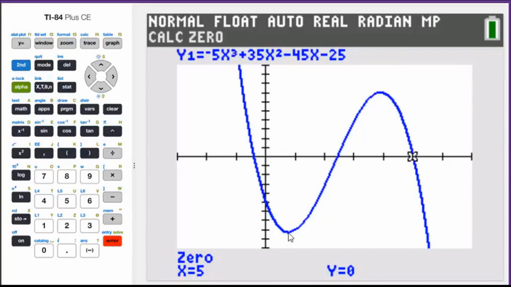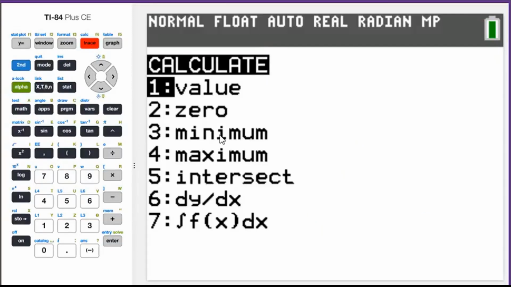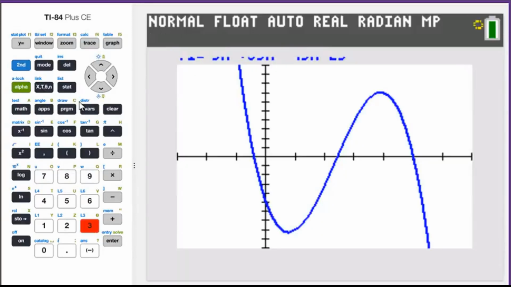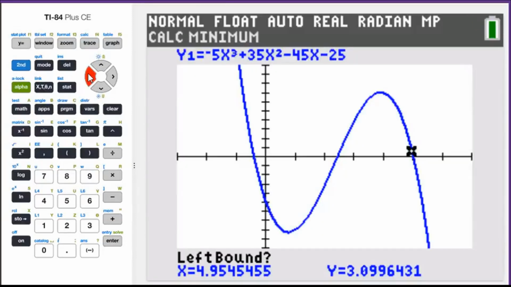And I can look at that minimum, it's here. So I go to second trace. I'm looking for minimum, so press 3. They ask you left bound. The left bound for this minimum will be on the left side of the minimum value.